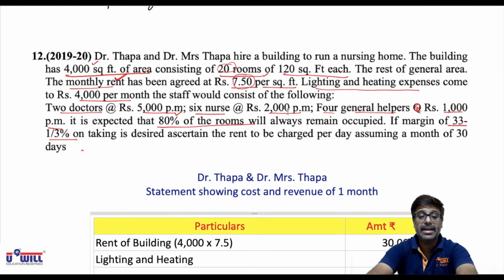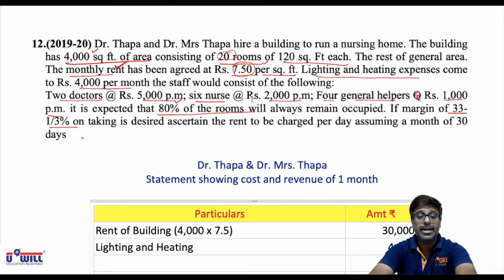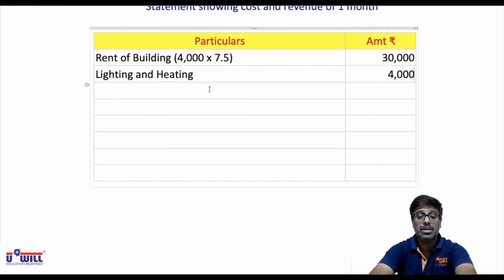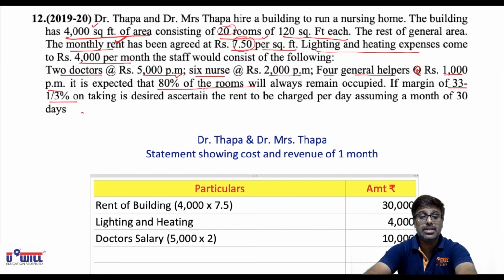Then after lighting and heating expenses, we have the doctors' salary, 2 doctors at 5,000 per month. So 5,000 into 2 doctors, that is 10,000. Then after the doctors' salary, we have 6 nurses at 2,000 per month.